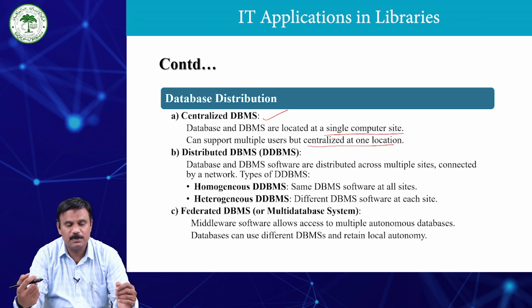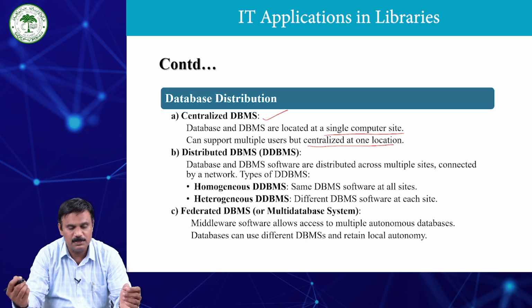Another type according to distribution is the distributed database management system. The database and the DBMS software are distributed across multiple sites connected by a network. For example, a homogeneous DBMS has the same DBMS software at all sites.